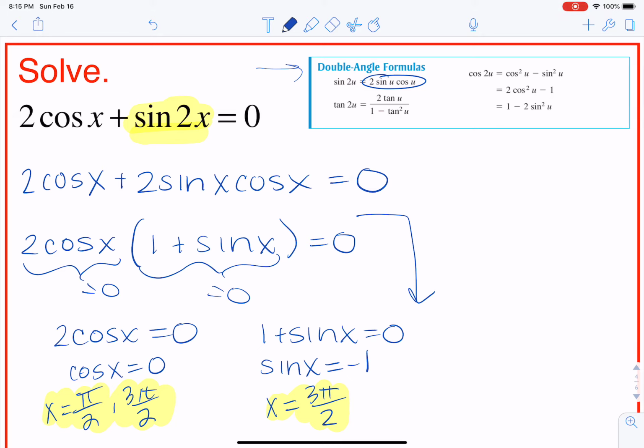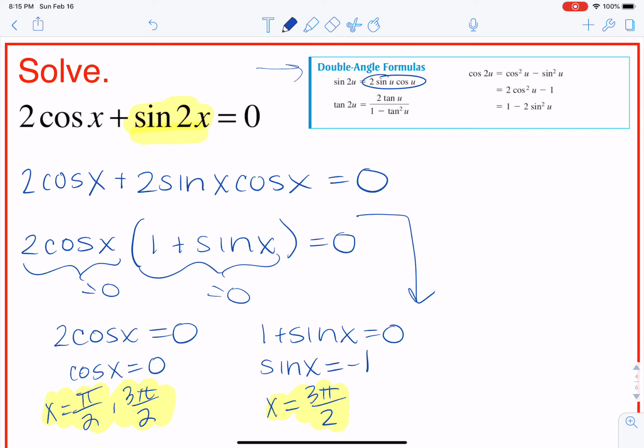Because it doesn't specify the domain that these answers exist on, this could be pi over 2, it could be 7 pi over 2, so there are lots of rotations around the unit circle that we could make here.